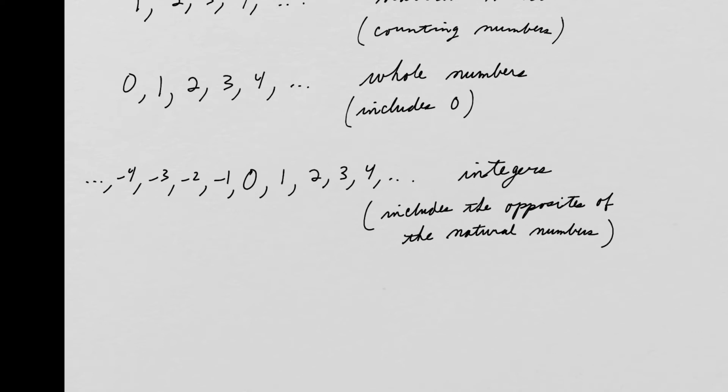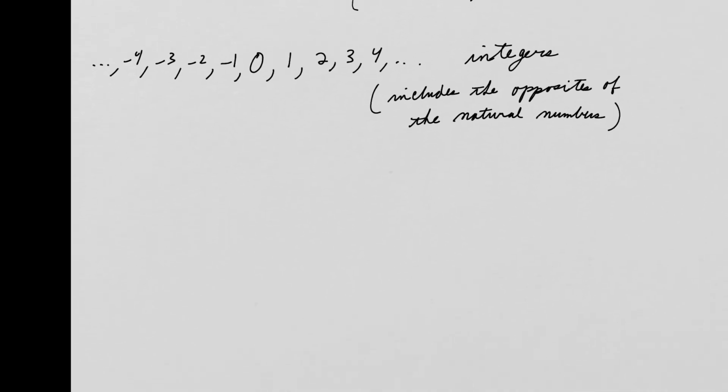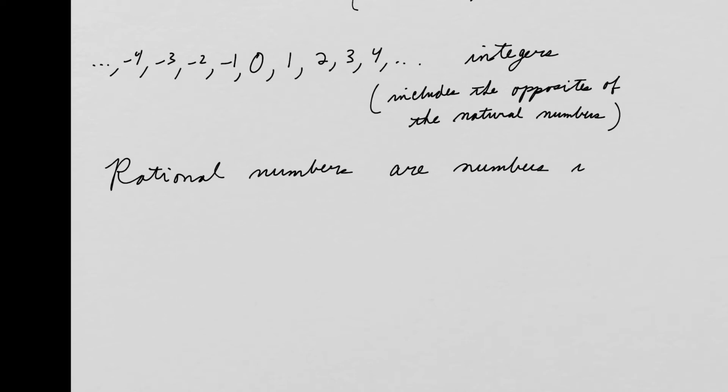Okay, the next set of numbers, again, we've talked about these some, are what's called the rational numbers. These are really the fractions, right? So let me write down the definition. So rational numbers are numbers that can be written in the form a over b.